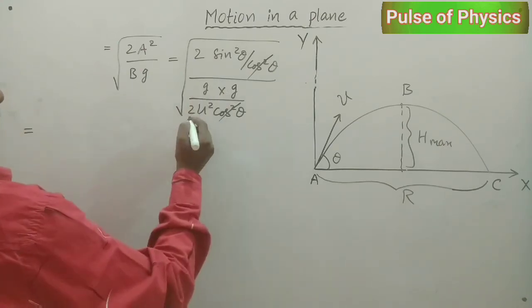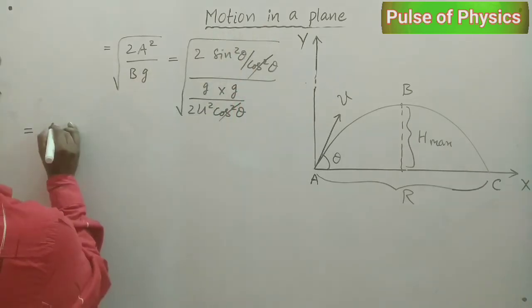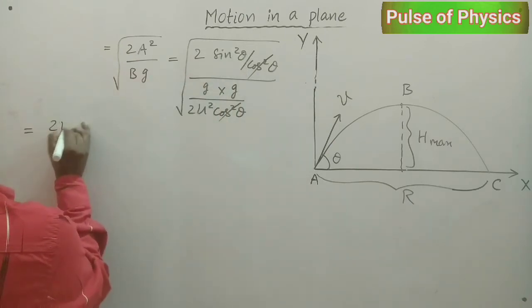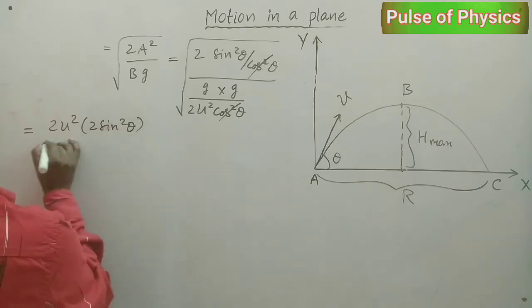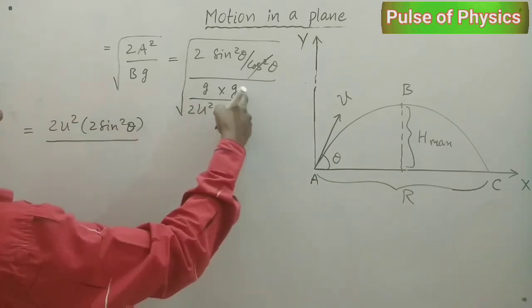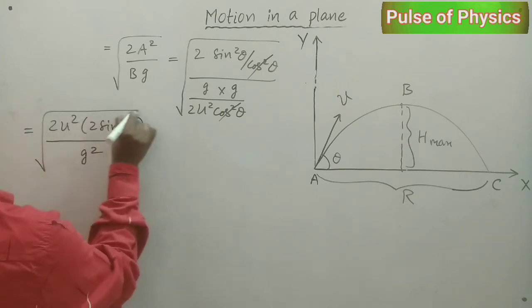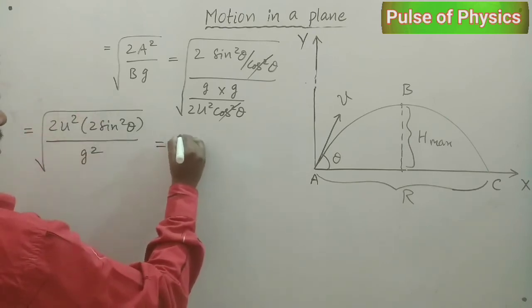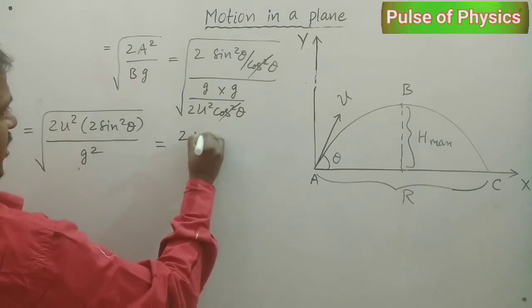One more, this 2u square goes to numerator, then it becomes 2u square into 2 sin square theta by G into G square. What it gives? 2 twos are 4, comes out of the root, it becomes 2. u square becomes u.